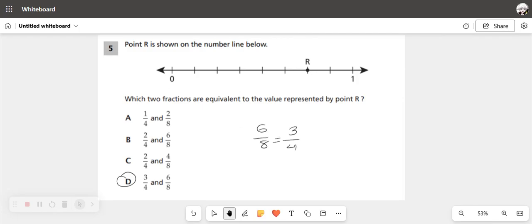For the third question, we have point R is shown on the number line below. Which two fractions are equivalent to the value represented by point R?